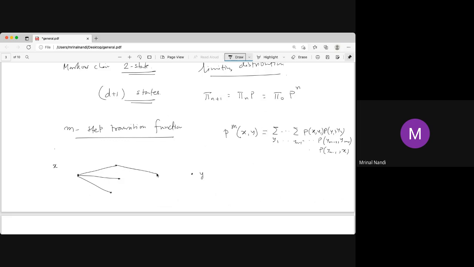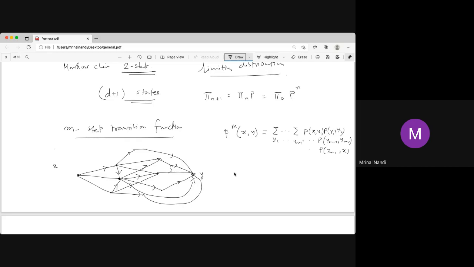From there, we can go somewhere else in the second step, and from there in the third step we can go here, or somewhere else, and also from here to here directly. So actually it's a graph.